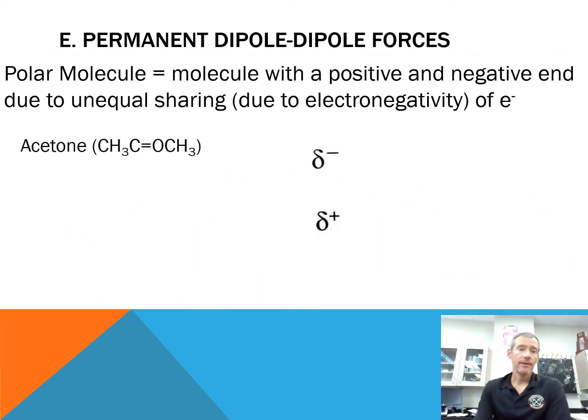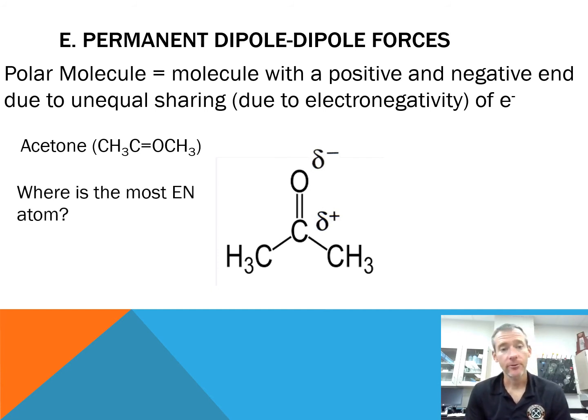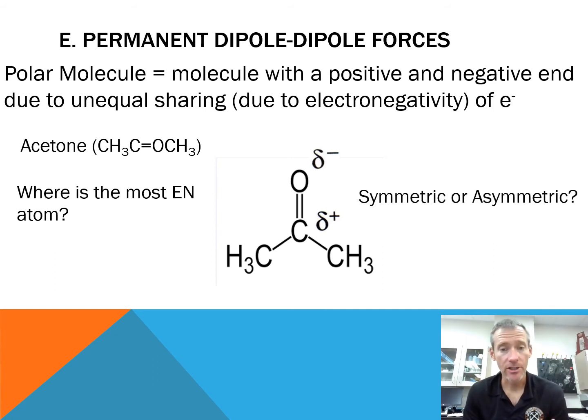All right, permanent dipole moments occur in polar substances. So look at acetone. Acetone has a partial positive carbon, and oxygen is more electronegative, so it's partially negative. So you show a partial negative on the O and a partial positive on the carbon, and therefore it's going to go towards the oxygen.